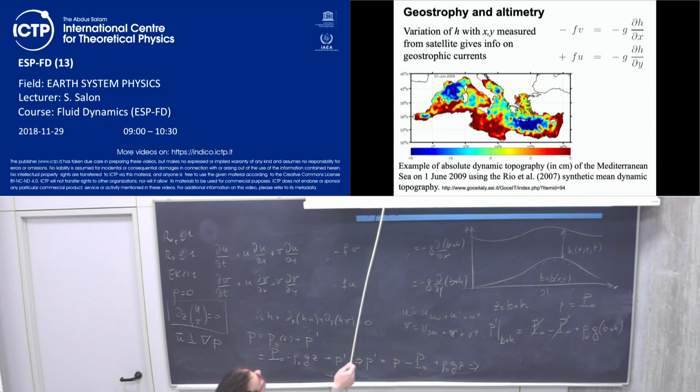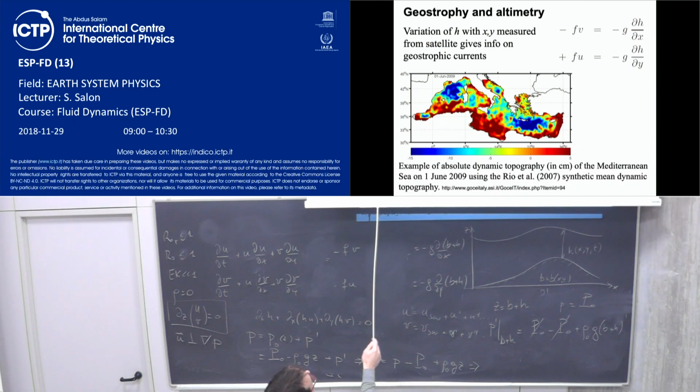Here you have, for example, a map of the Mediterranean Sea with the sea level anomaly. The sea level anomaly can be measured from satellite.